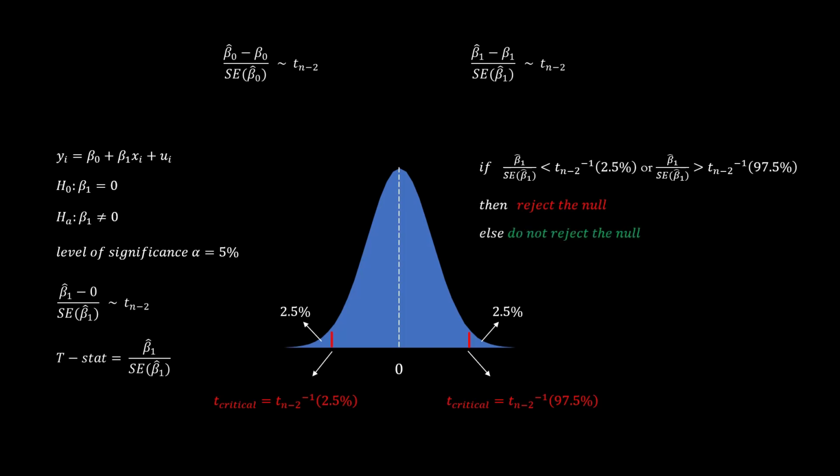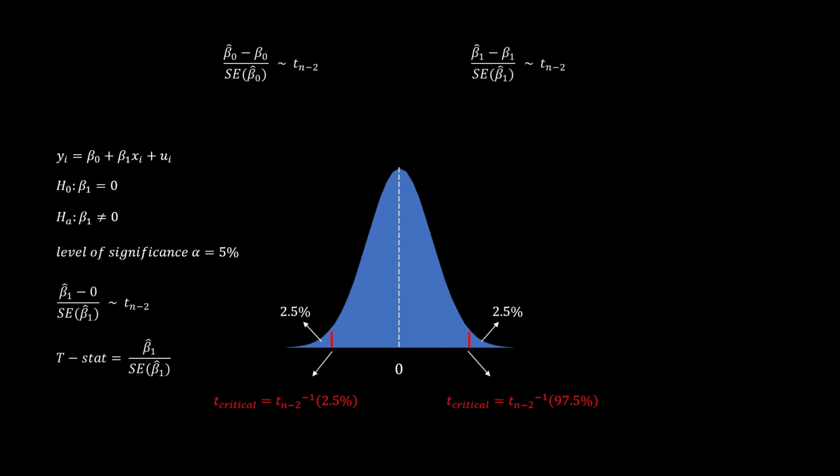If it falls outside the critical zone, also known as the zone of rejection, then we will reject the null. Rejecting the null would mean that we are rejecting beta 1 equals 0, which means there is significant association between x and y. Not rejecting the null means that the relationship between x and y is not significant.